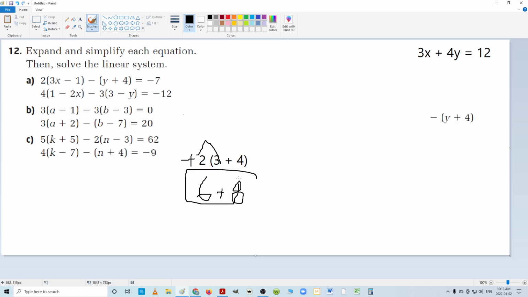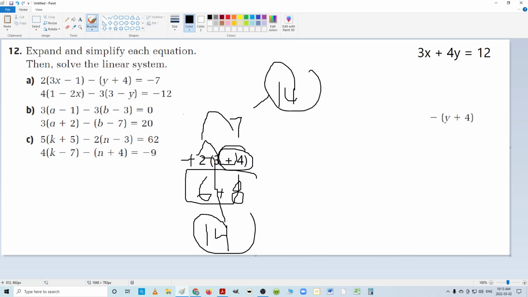So we have 6 plus 8, which is 14. Now I want you to add up the thing in this bracket. 4 plus 3 is 7, and 7 times 2 is 14. We get the same answer whether we distribute the bracket or add up the bracket first, but we can't add up these brackets solely because y is an unknown number. It's still a number, it's just an unknown number, so we treat it like a number.